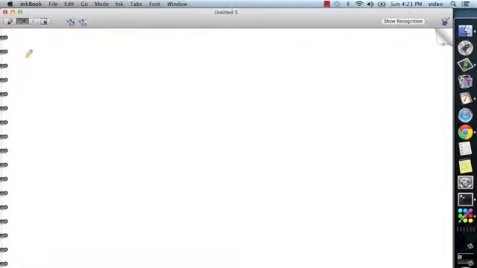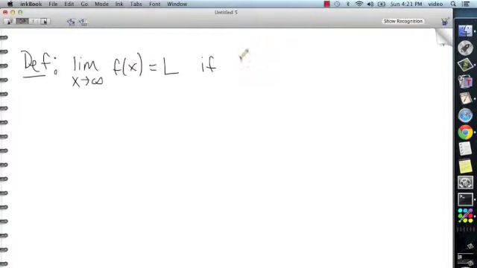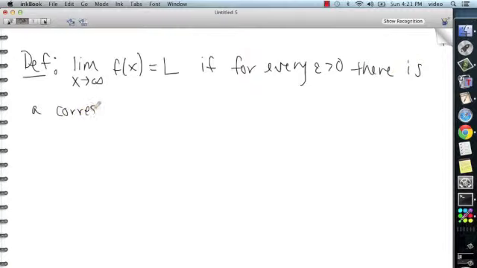Okay, the definition of a limit as x goes to infinity says that the limit as x goes to infinity of f of x is some finite number L if for every epsilon bigger than 0, there is a corresponding, now this is the part that's different, this is where we're going to have to change because we can't use a delta.